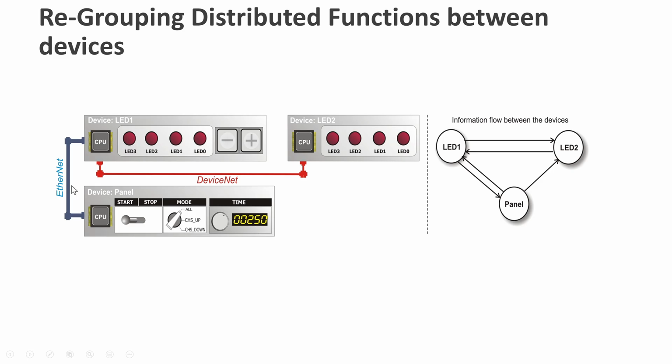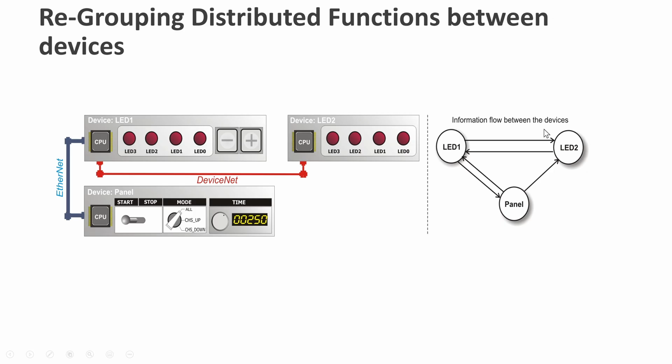So the topology of the distributed system could look, for example, as follows. We could have the main block of switches in one device, and then another block of switches in another device, plus one array of LEDs in another device, and one more array of LEDs in the third device. So we will have 3 devices, and the information flow between the devices could look as follows in this picture.